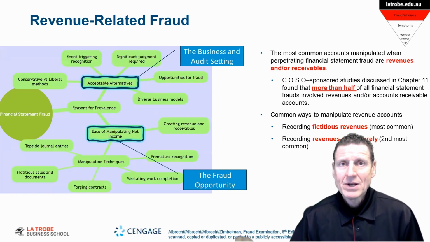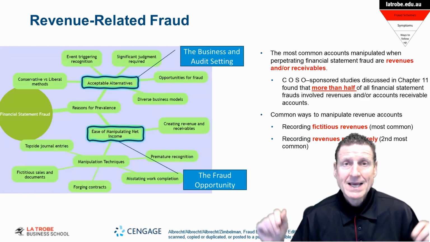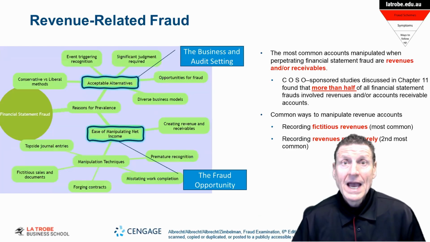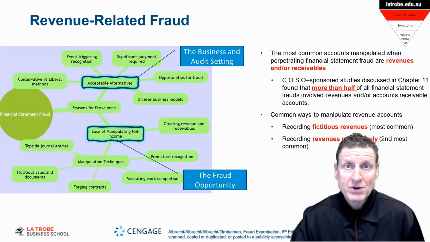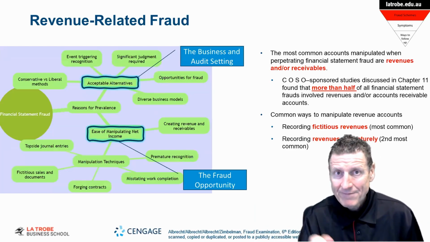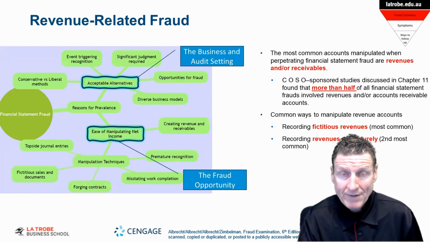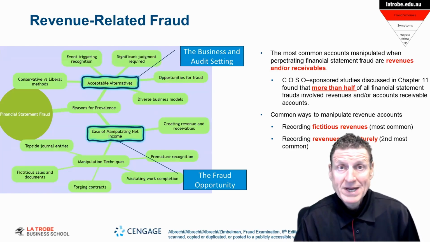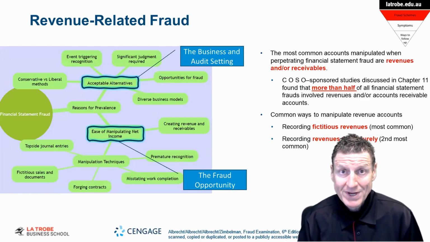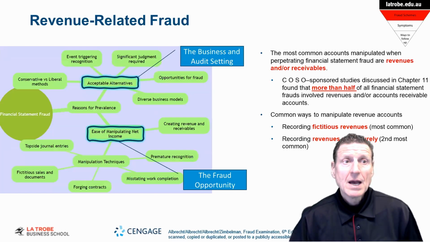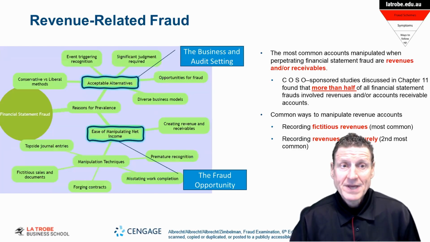And so it's not like auditors, investigators can apply a cookie cutter approach in looking for what is a good revenue disclosure practice and what is a bad revenue disclosure practice. But here's the other thing, the fraud opportunity, the ease of manipulating net income.